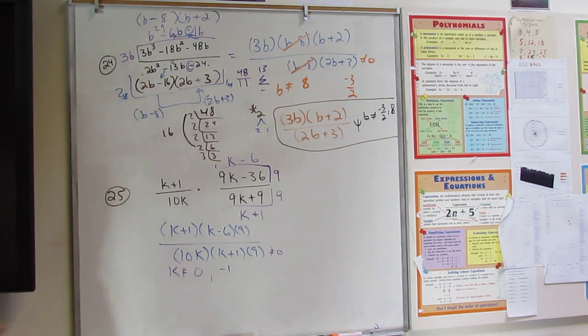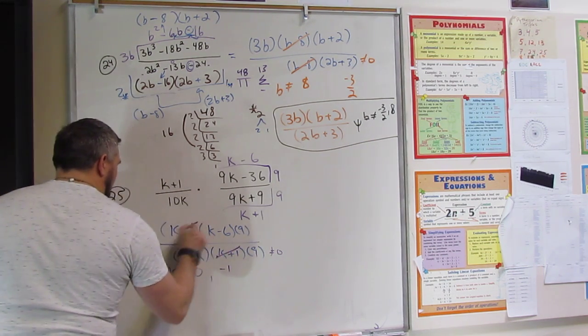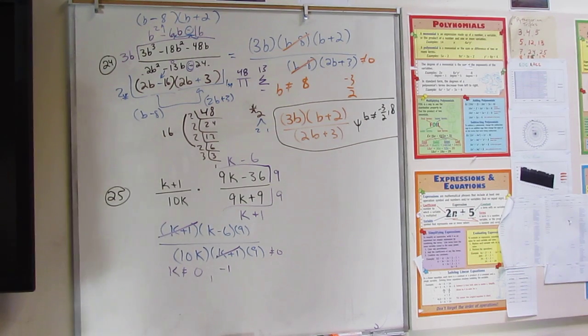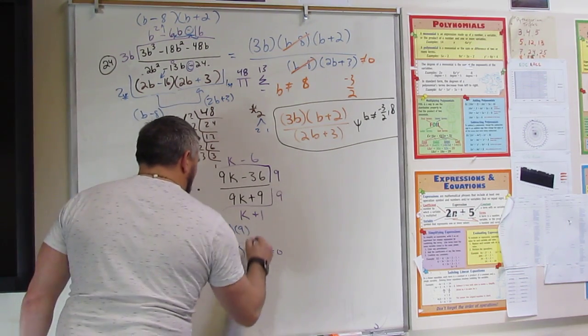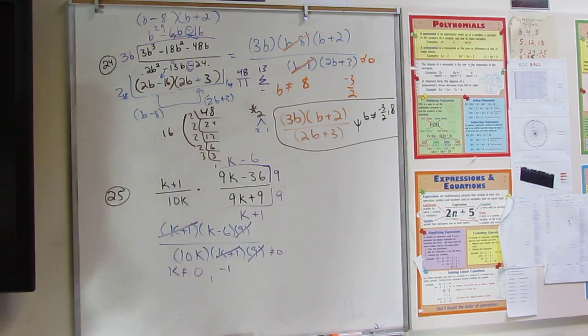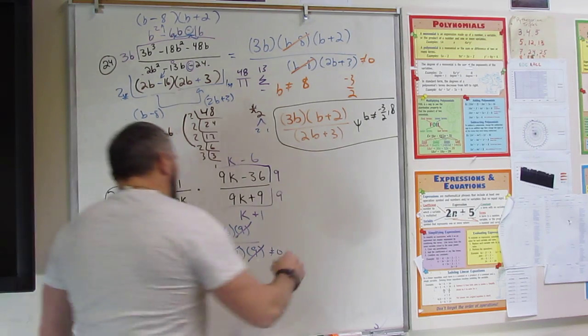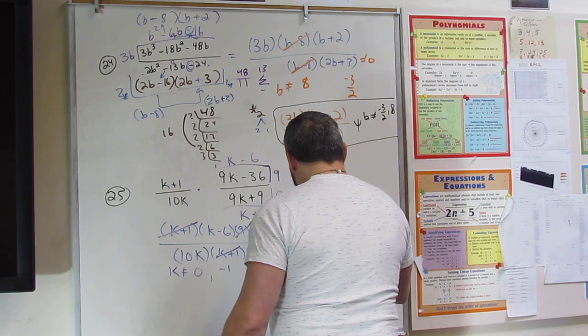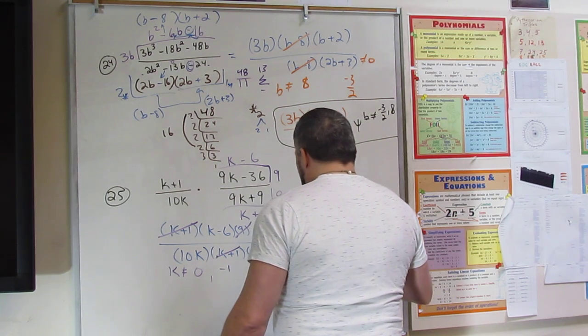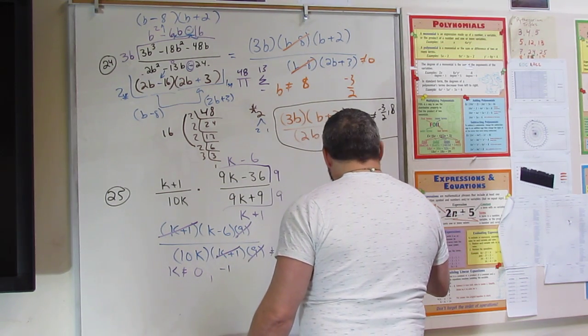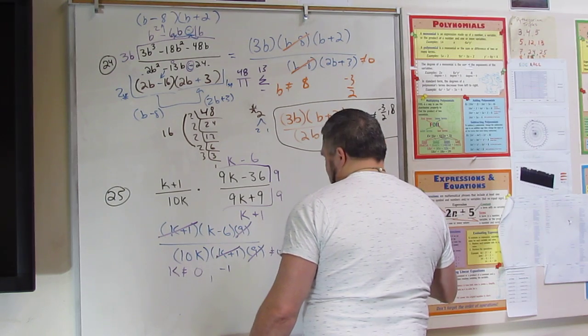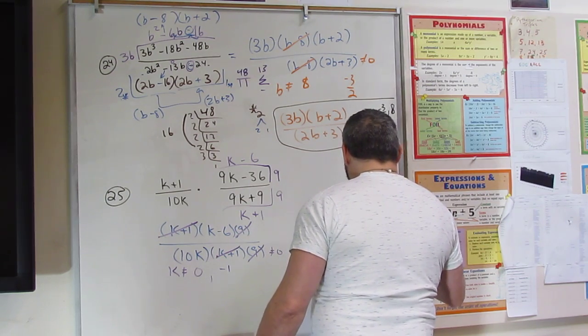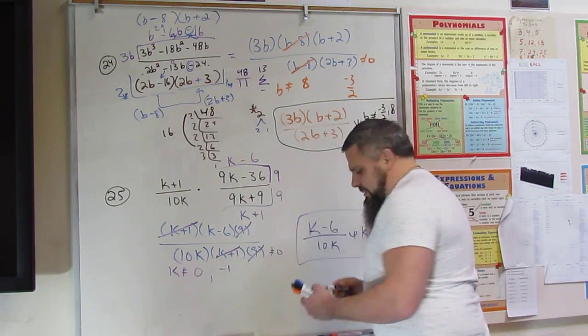Can we cancel anything out? k plus 1. The 9s. Anything else? No. Okay. So we'll rewrite it: k minus 6 over 10k, where k cannot equal 0 and negative 1. And there it is.